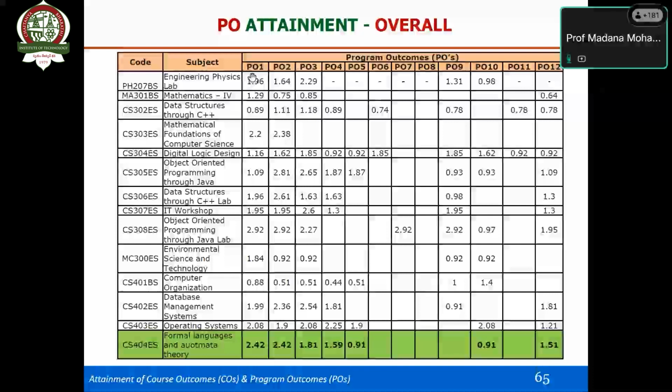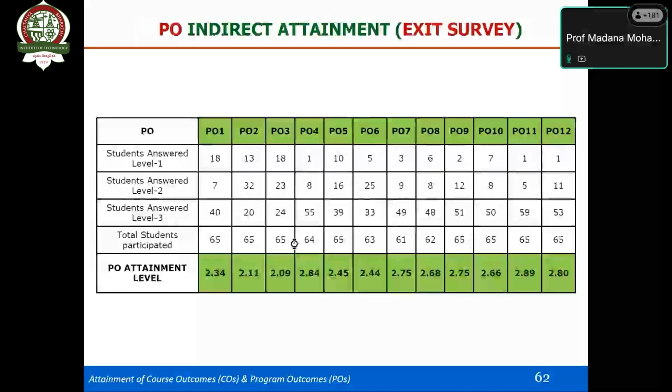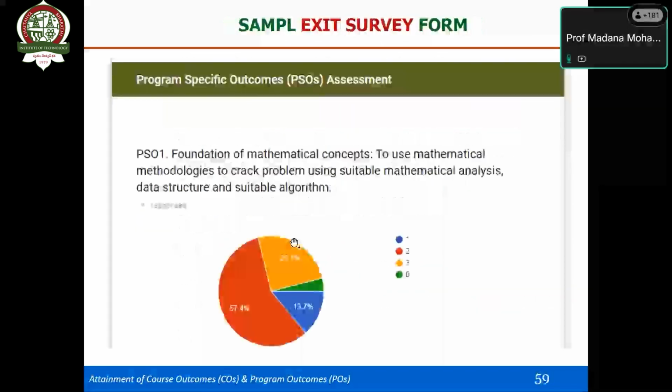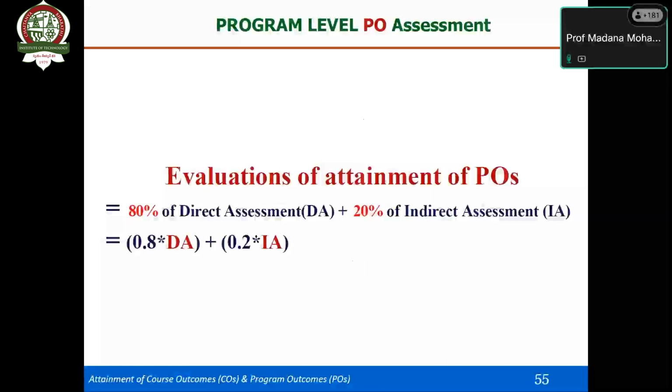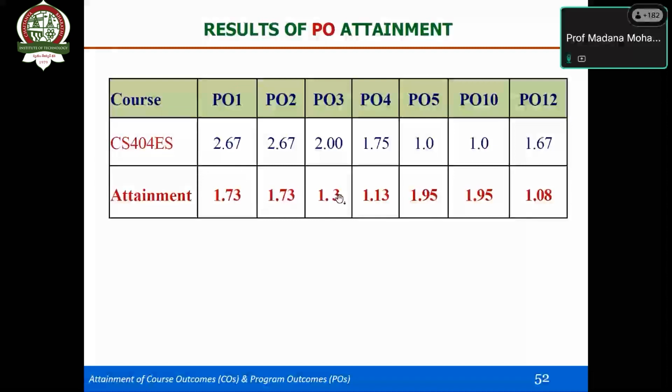You can include course-wise their PO attainment values. These are all direct attainment values. Suppose in our course, formal language and automata theory, what are our direct attainment values? Here you can see, for our course, these are all direct attainment values: 1.73, 1.73, and so on, for these POs, not all POs, whatever the related POs.